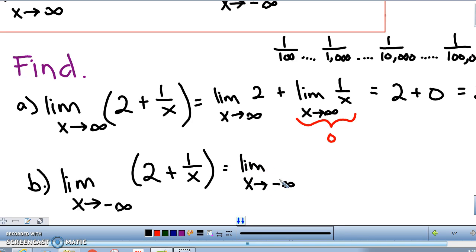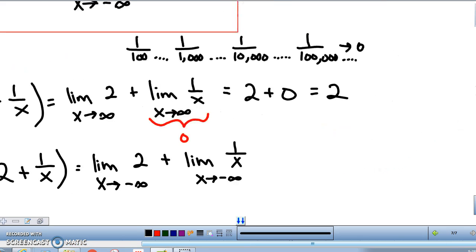I know it gets a little tedious, but write this limit part every single time until you have actually directly applied the limit. You should be writing limit as x approaches negative infinity. Keep on writing it until you have officially applied the limit.